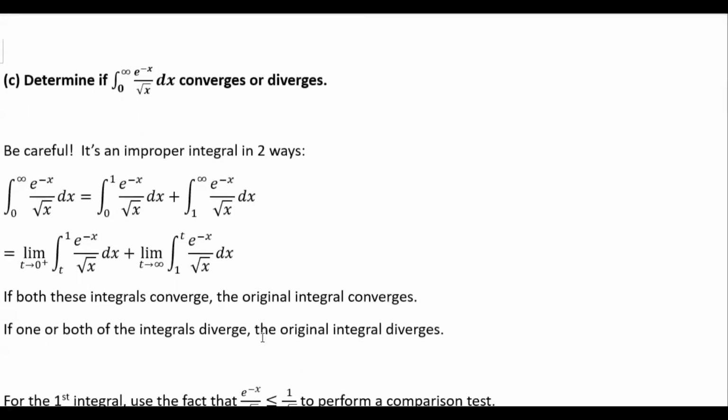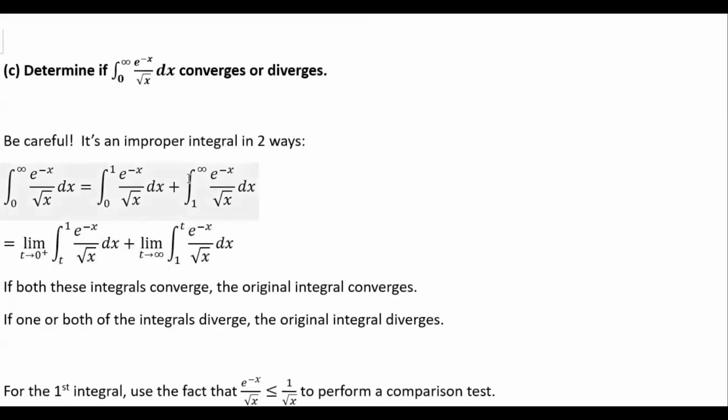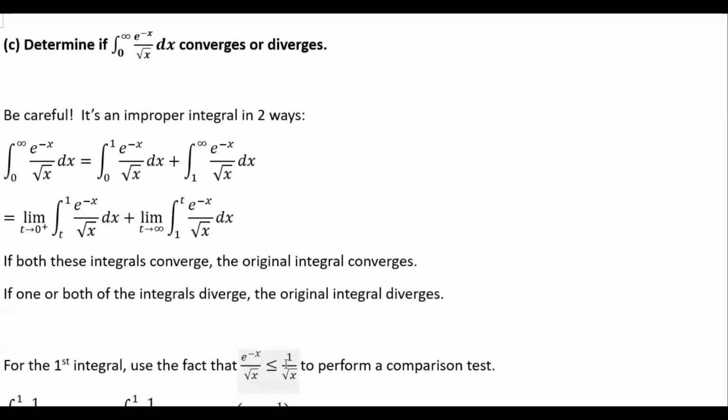All right, so how do we determine the convergence of both of these now? For the first one, let's do a comparison test. e to the negative x over square root x is less than or equal to 1 over square root x. Hopefully you agree with that, because we can rewrite this as 1 over e to the x times square root x.